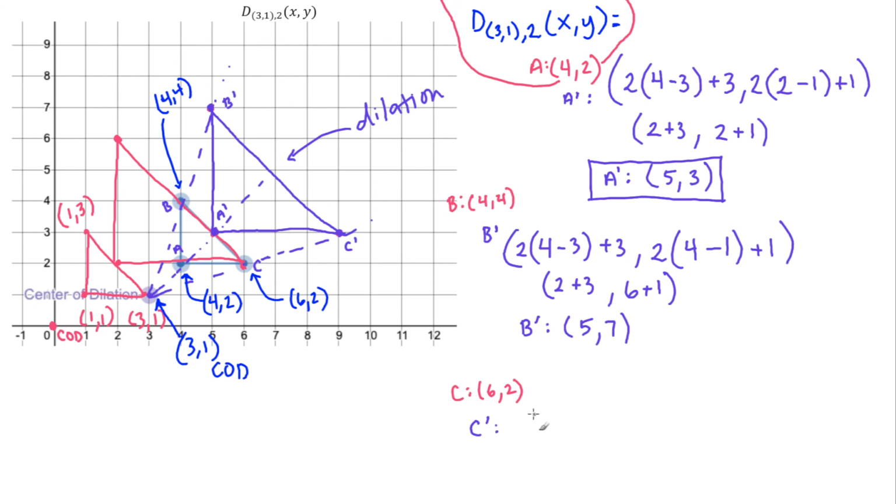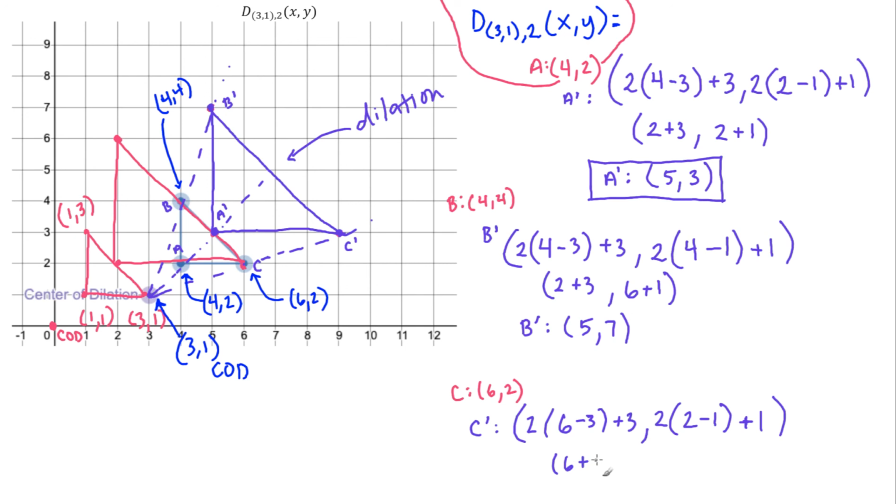So C prime is, we start off with my x value, which is 6. I undo the center of dilation, which is 3, so minus 3, times my scale factor, which is 2, and then I add the 3 back. Okay, and then my y value was 2. I undo the center of dilation, so minus 1. And I multiply by 2, and I shift it back by 1. So 6 minus 3 is 3. 3 times 2 is 6.